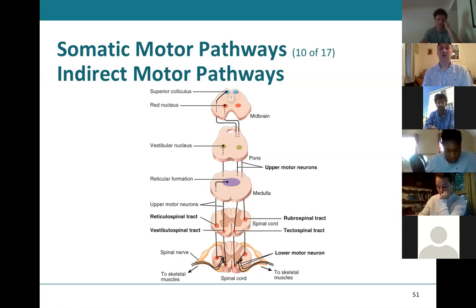If we think about this in terms of, say, our balance, or in terms of our attention, something walks inside the room that a moment ago didn't capture your attention. Now it actually does, has activated the reticular formation, and now the reticular formation causes a series of muscular outputs to figure out what's going on there.